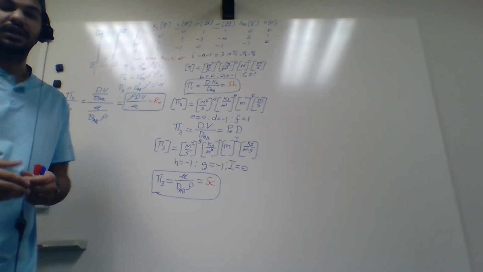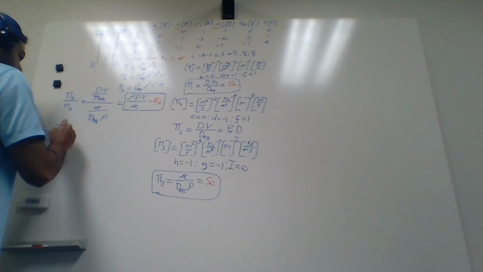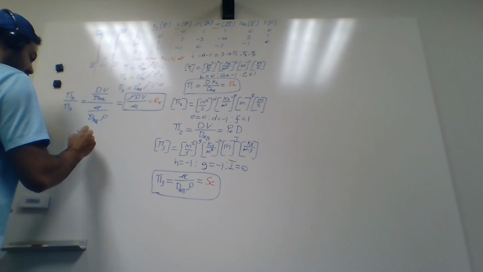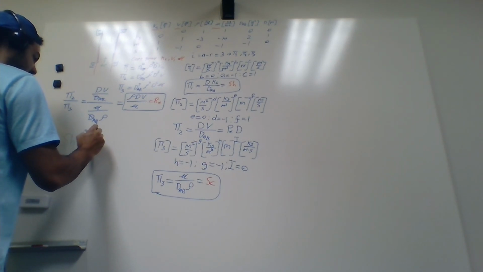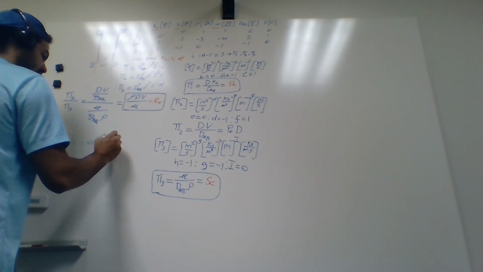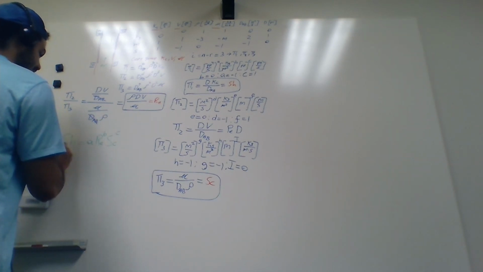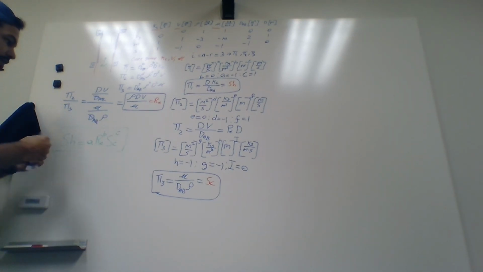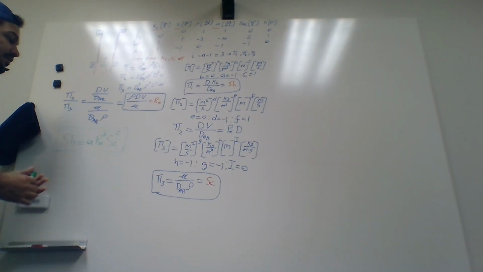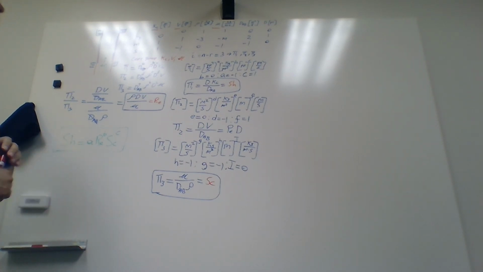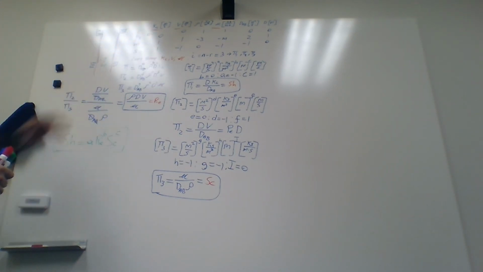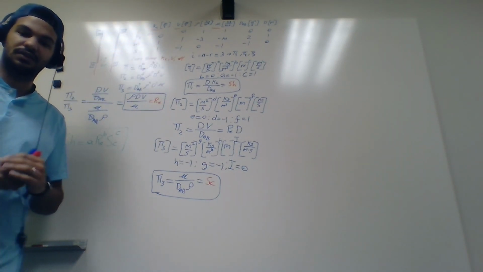And now that leads us to the Gilliland-Sherwood correlation, which states that the Sherwood number is equal to a constant A times the Reynolds number raised to a constant B times the Schmidt number raised to a constant C. Now that we have that, once we determine A, B, and C for this correlation, we can determine the mass transfer coefficient within this system. And that is what we will be doing in the coding section of this problem.